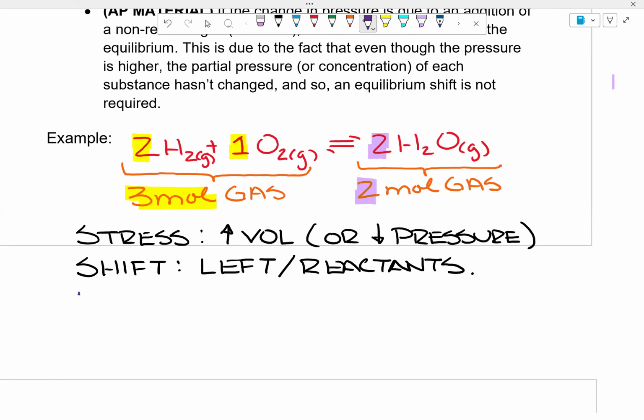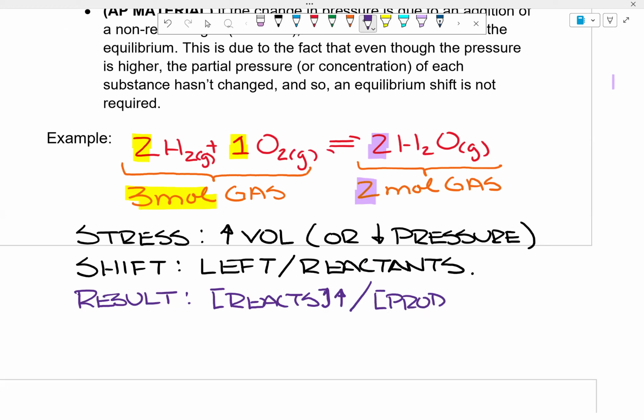Now, if I take a look at my result, since it was a shift to the left, the concentration of the reactants would increase and the concentration of products would decrease. Again, why is it opposite? It goes back to reaction kinetics. As one goes up, the other side goes down. Okay, just something for you to be aware of.